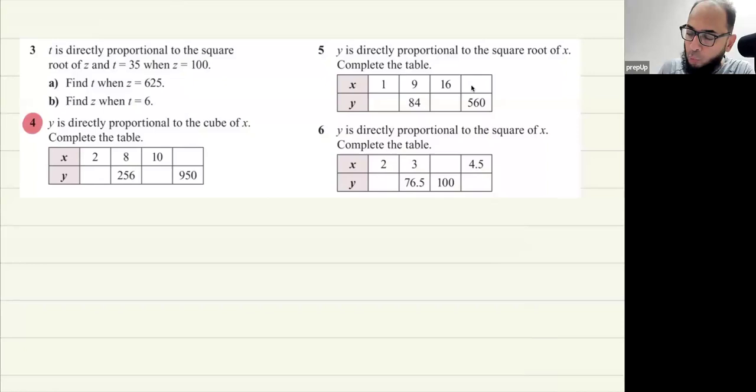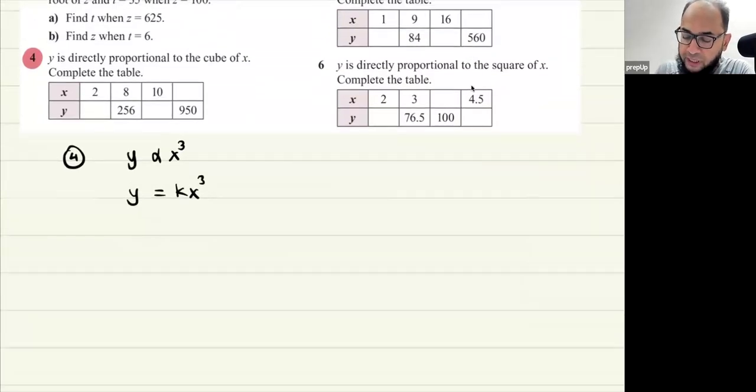It says y is directly proportional to the cube of x. Y is proportional to the cube of x. Y is equal to kx cube. Now focus on 8 and 256 because x and y are given. So the first step is finding the constant of proportionality. So now y is 256 when x is 8.